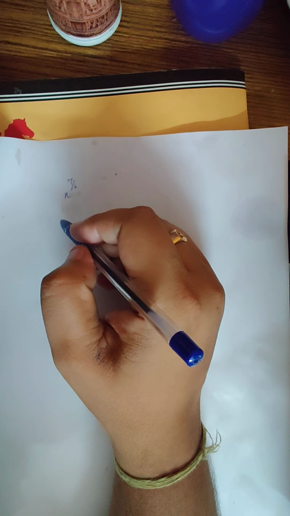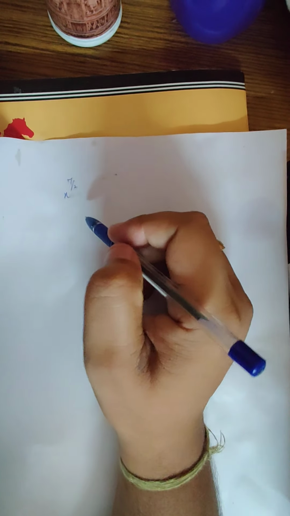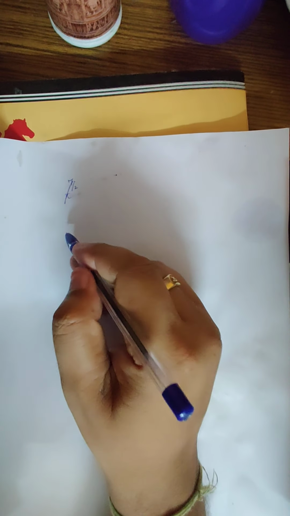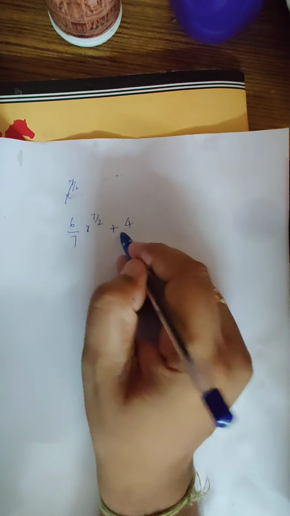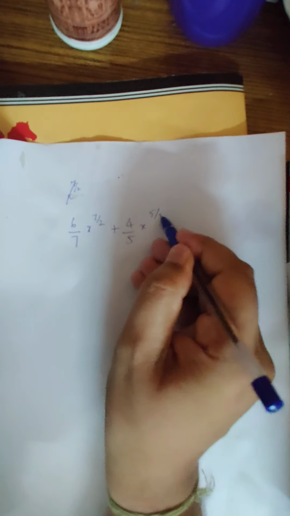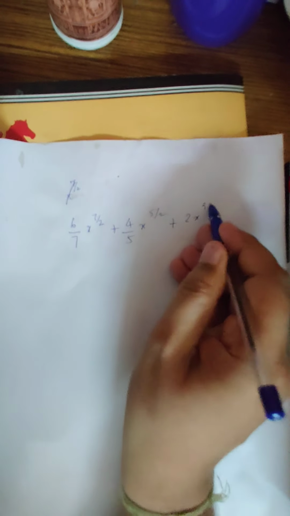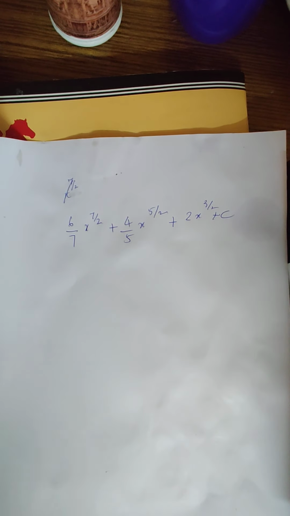Sorry, the previous one was x to the power of 3 by 2 into 2, which is 6 by 7 x to the power of 7 by 2, plus 2 into 2 is 4 by 5 x to the power of 5 by 2, plus 3 cancels, so 2 x to the power of 3 by 2 plus c. So 6 by 7 x to the power of 7 by 2 plus 4 by 5 x to the power of 5 by 2 plus 2 x to the power of 3 by 2 plus c.